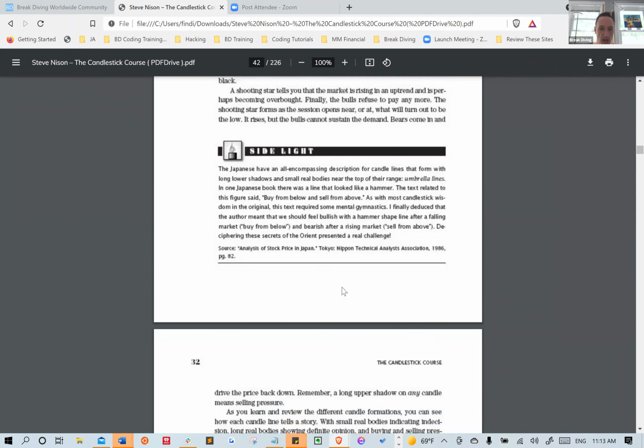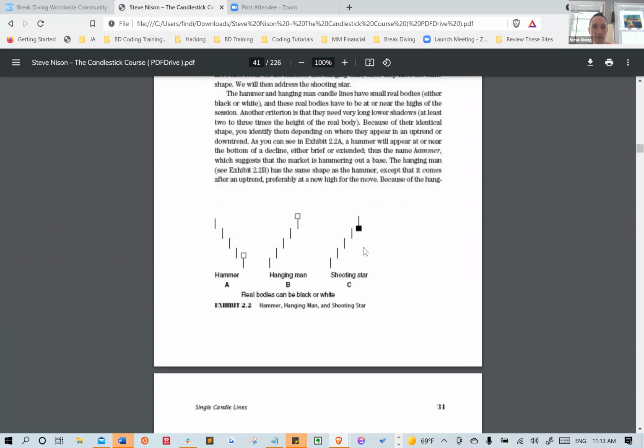A long upper shadow on any candle means selling pressure. If you see a high shadow, people are selling. If you see a low shadow, it means there's buying pressure.